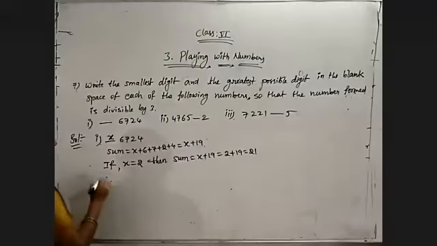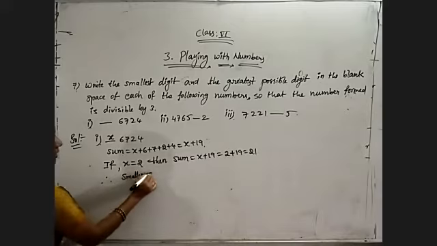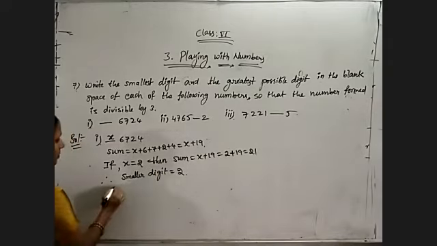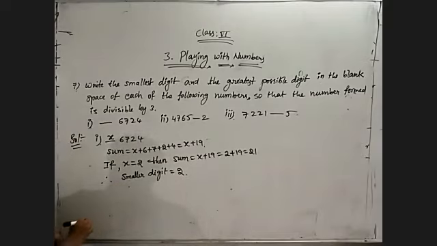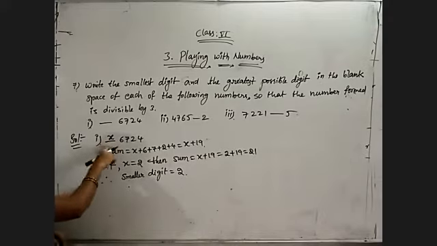Therefore, the smaller digit is equal to 2. The smaller digit 2 must be placed in the blank space, then only it is divisible by 3.